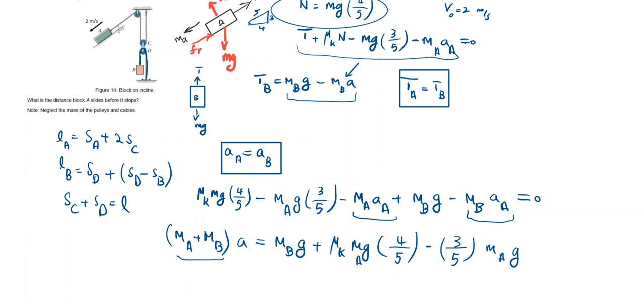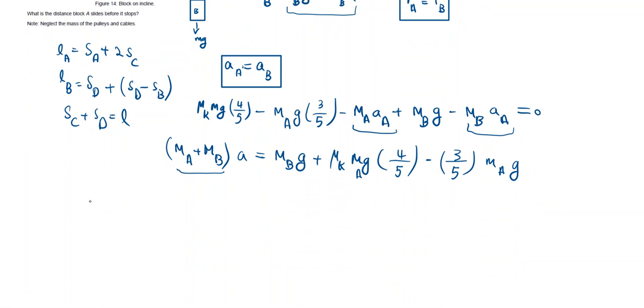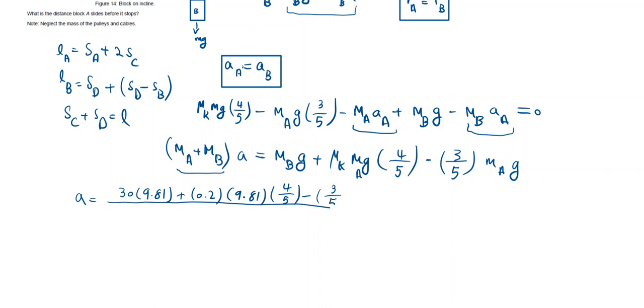So a is equal to mass of B, which is 30, times 9.81, plus mu, which is 0.2, times 9.81, times 4 on 5 minus 3 on 5, times the mass of A, which is 50, times 9.81, and everything is divided by 80.